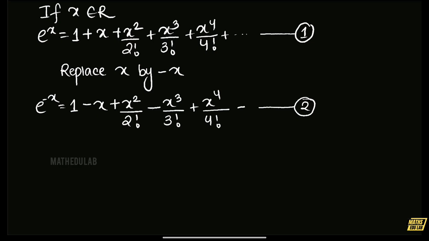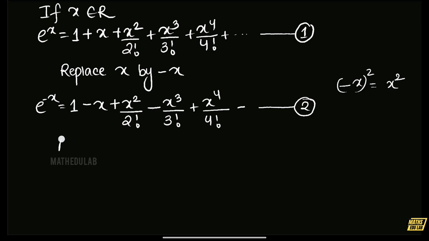This is our second equation. Here I have taken the positive term since minus x square is equal to x square, positive. As we know, when the power is a positive even number, we get the positive value. So this is the second equation.